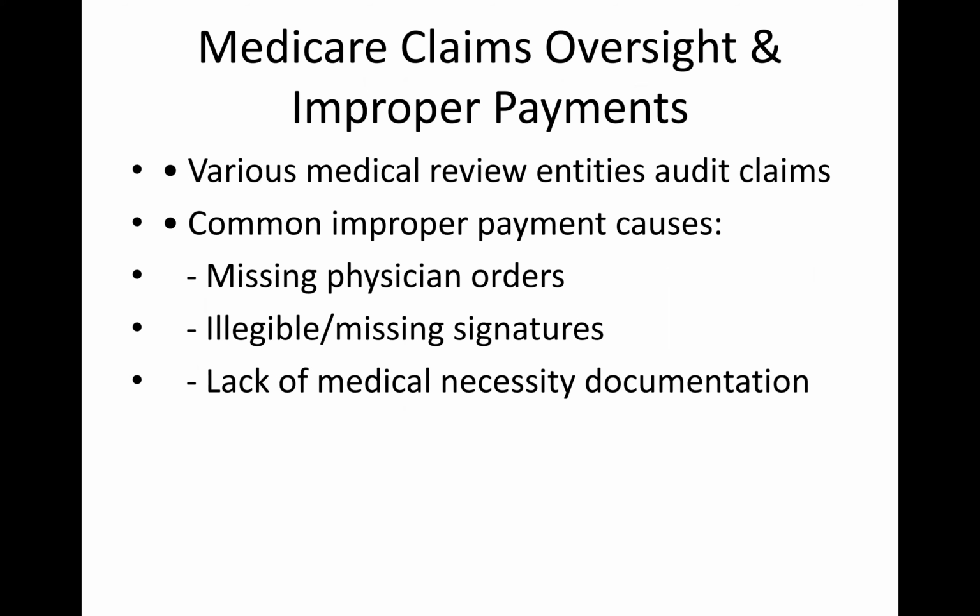Medicare claims and oversight and improper payments. Medicare with CMS and the OIG review claims, and some of the more common improper payment causes are missing physician orders, missing or illegible signatures in paper records, lack of medical necessity documentation.